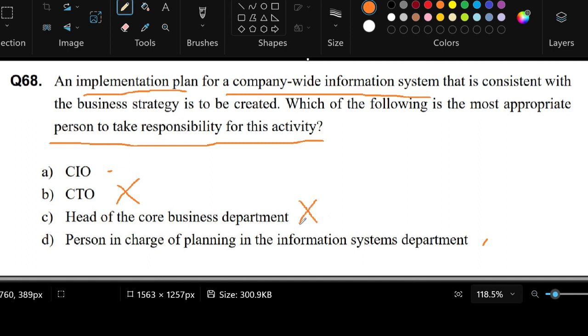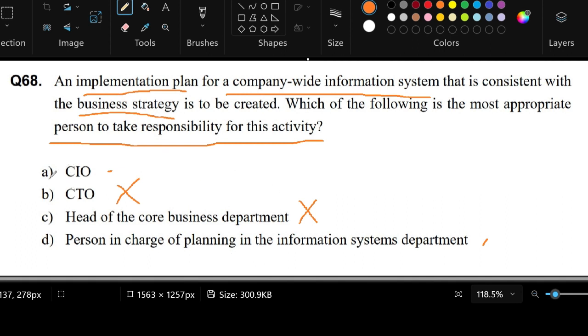Although I should say that the information system should be consistent with the business strategy. Yet the objective here, I think, is really to have some kind of system for the company internally. Okay, so we're down to letter A or letter D.